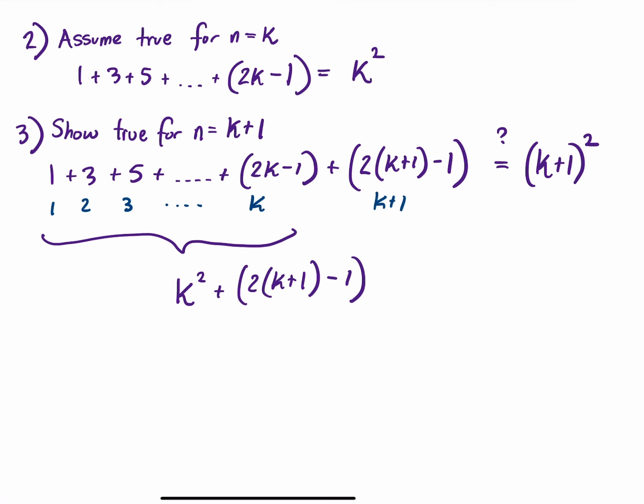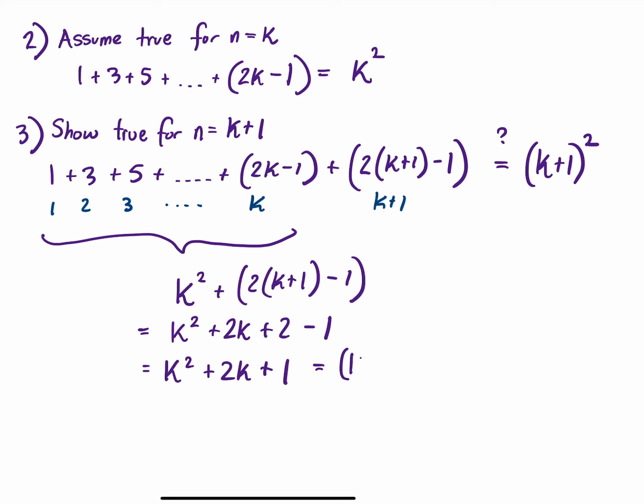So let's distribute the 2. So this will give us k squared plus 2k plus 2 minus 1. So that's k squared plus 2k plus 1, which if we factor this, factors of 1 that add up to 2 are 1 and 1.